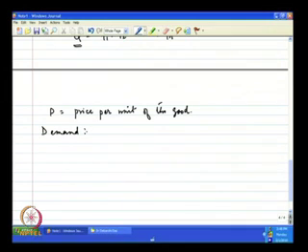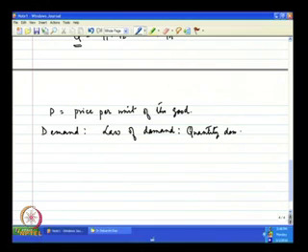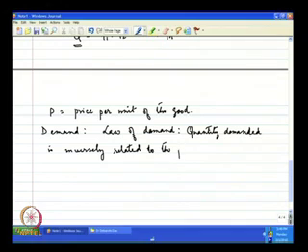So, demand. Well, to make things clear, in the market there is a law of demand. What does it mean? That quantity demanded is inversely related to the market price.